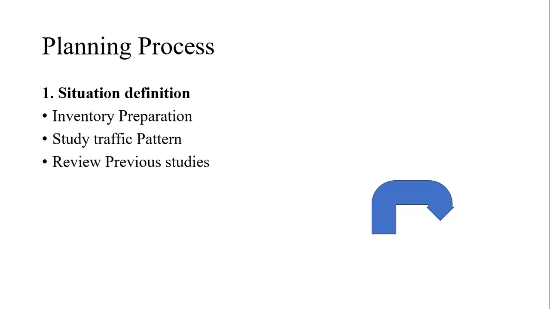We study the traffic pattern over there and try to find out if there are any previous studies related to this place and what they suggested. Maybe this is a new situation, then we'll find out and then proceed.